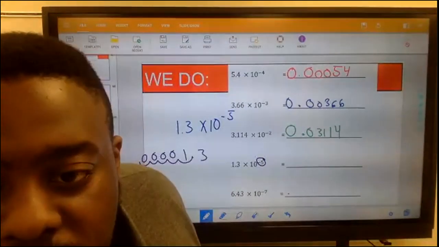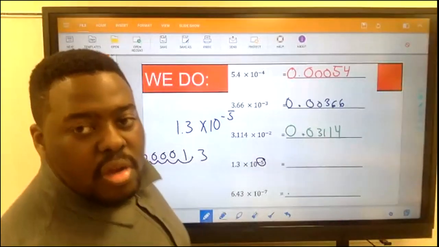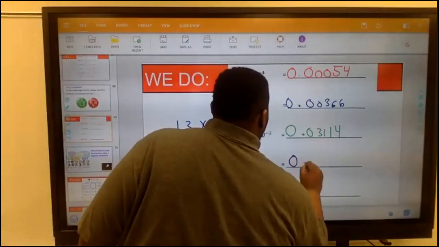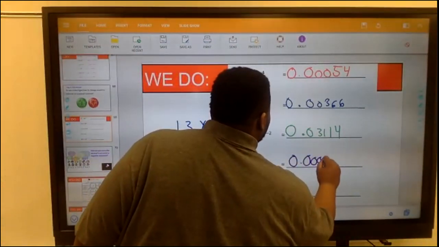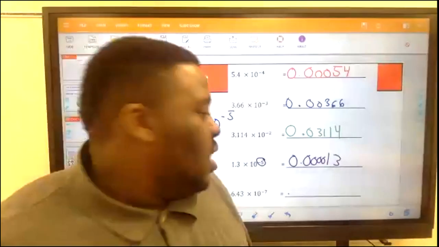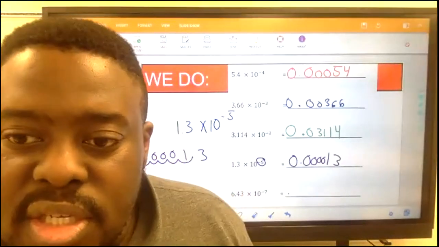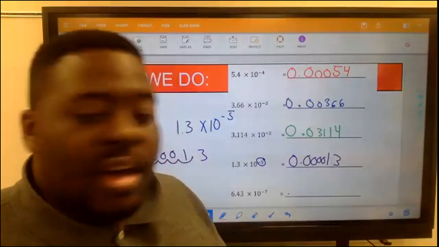Chloe, yes, that's correct. Raul, yes, that's correct. 0.00013. All right, Mr. Cotinge, make sure you're moving it to the left.